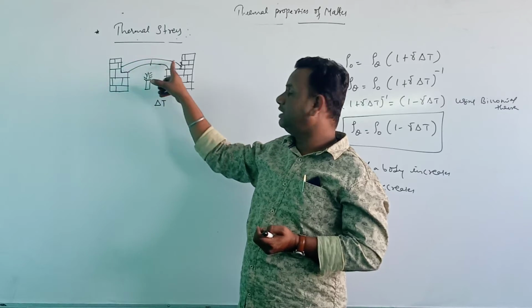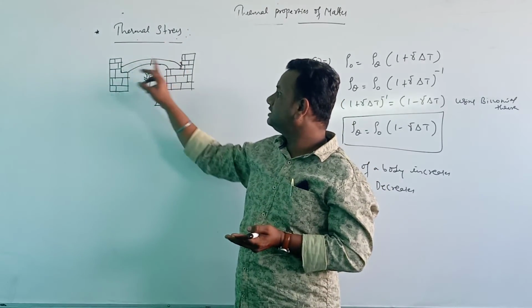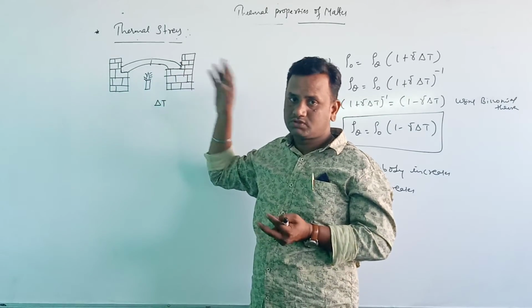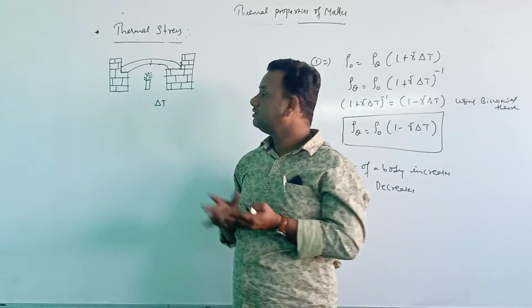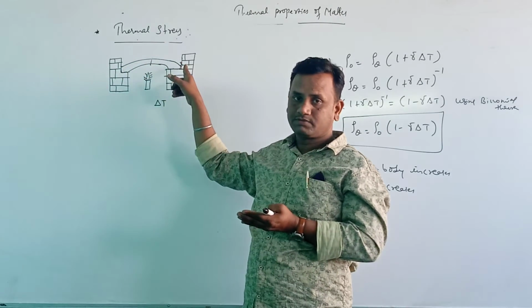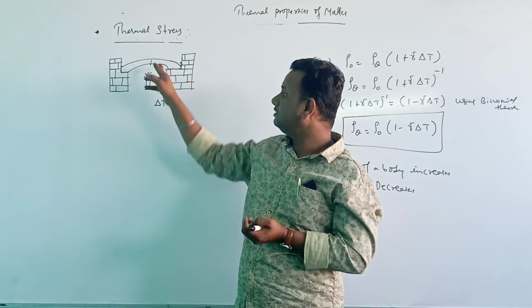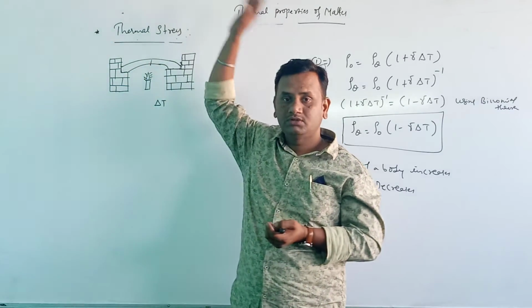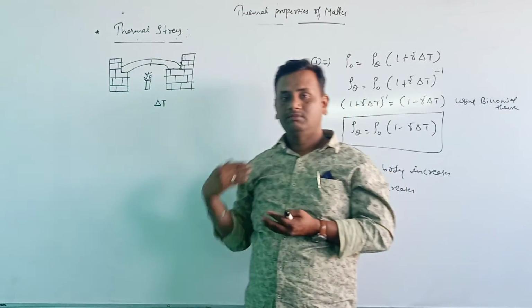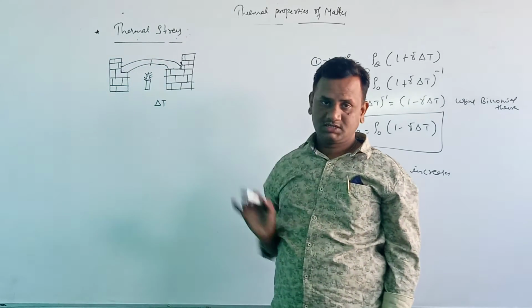Slowly it will start to bend. Why is it bending? Because there is no space at the two ends here. So that is why this metallic rod is bending. Now, if it does not allow to bend, then it will undergo stress and break down. That stress only is called thermal stress here.